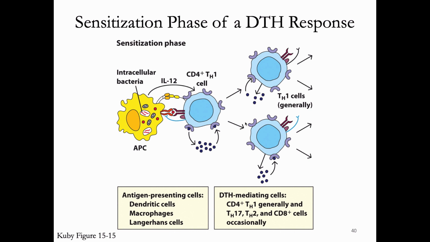So we're going to have some IL-12 that is going to induce Th1 cell polarization. We're going to see interferon gamma responses, all that good stuff. And so the first time you see antigen, basically you're just turning on the Th1 response.